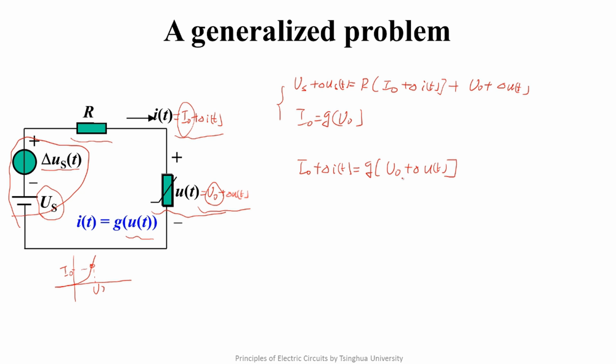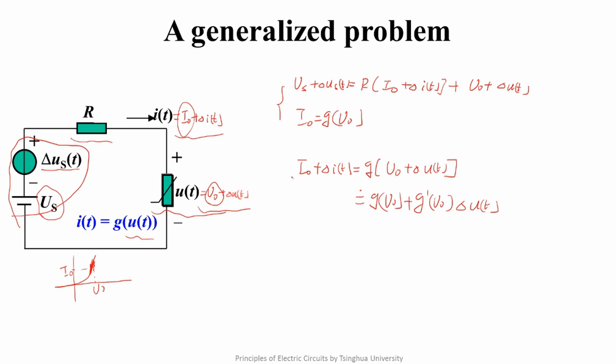If we can ignore the items of the second and higher derivatives, it can be written as G(U0) plus G'(U0) times delta UT approximately. Here G'(U0) refers to the slope at that point.